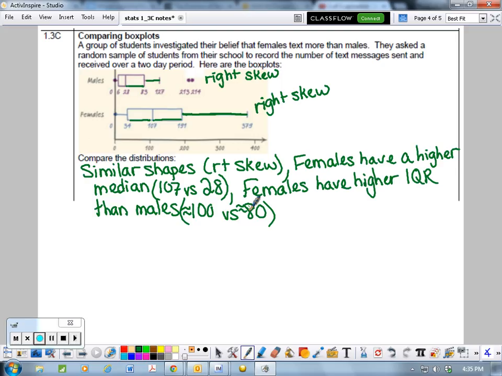So we've got shape, we've got center, we've got spread, and males have 2 outliers, while females have none.